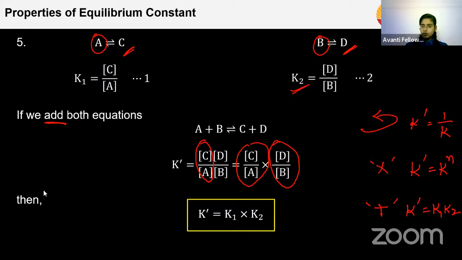Is it clear for all of you? Any doubt? So these are the very important 5 properties of the equilibrium constant. Clear? So please keep these last 3 points in your mind. Don't forget, don't get confused. Please be thorough with it. All right?